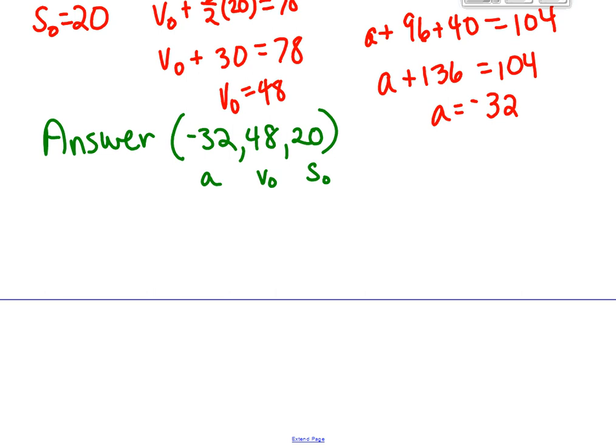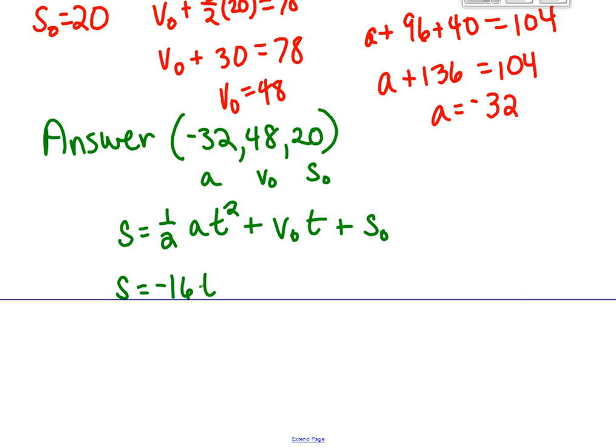And then the other thing I can do is I can go back to my original equation with all those variables that was S equals 1/2 A t squared plus V sub 0 t plus S sub 0. And I can plug in A, V sub 0, and S sub 0 and see what I get. So S equals, well, half of negative 32 is negative 16 t squared.